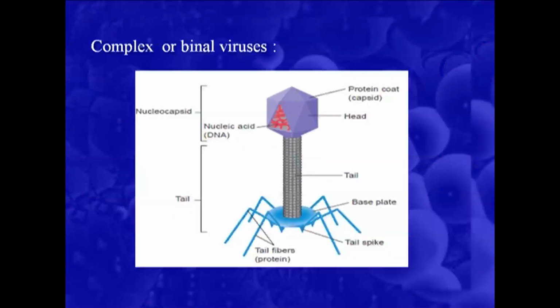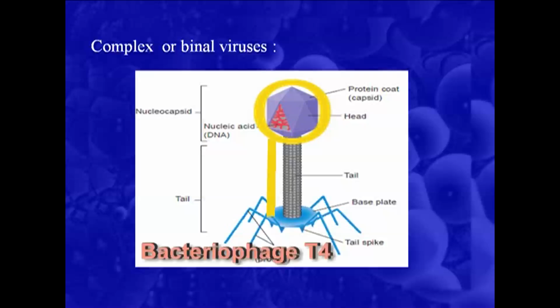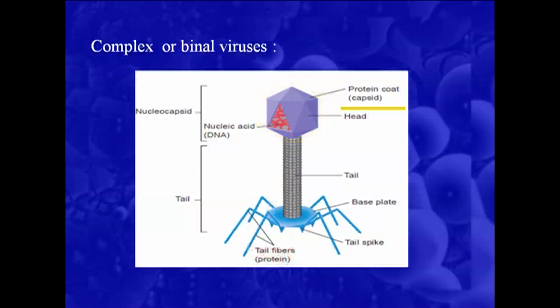The most important example is T4 virus, which comprises an icosahedral head and a helical tail, meaning both the icosahedral structure and the helical structure are present in bacteriophage T4. It has a protein coat, within which the viral genome is packaged, and the tail is made up of helical morphology.